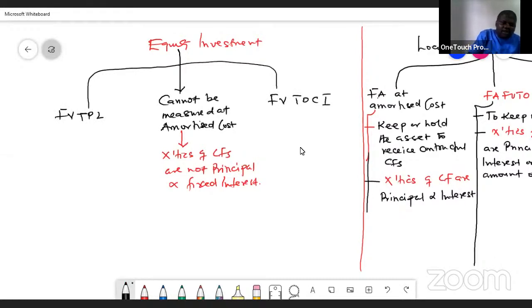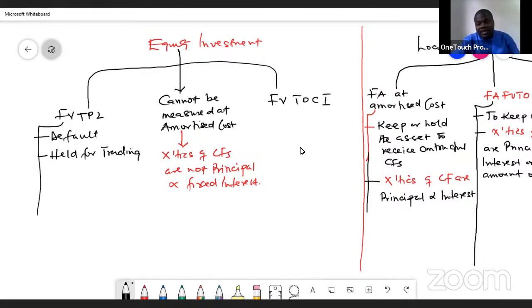If it's at fair value through P&L, that is the default method. All equity investment, unless otherwise stated, is measured at fair value through P&L. But if it is held for trading, then it becomes compulsory to treat it at fair value through P&L.